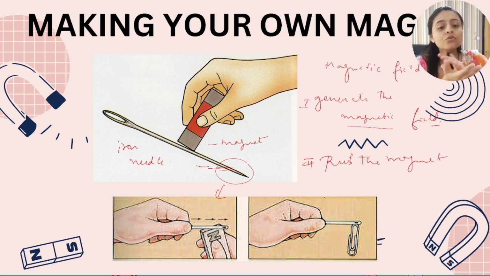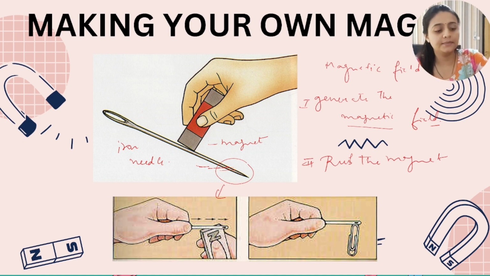So you have to rub the magnet on the iron needle or any iron piece which you want to turn into your own magnet. When you generate the magnetic field around that iron piece, then it acts like a magnet.